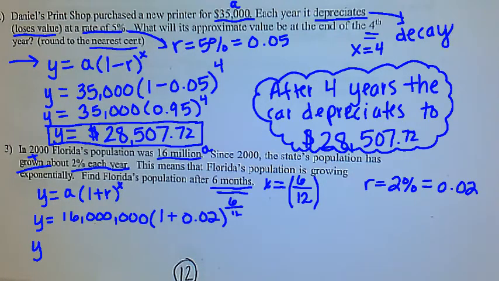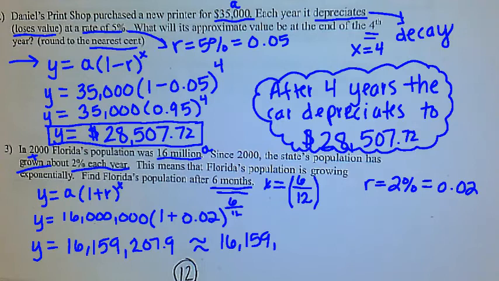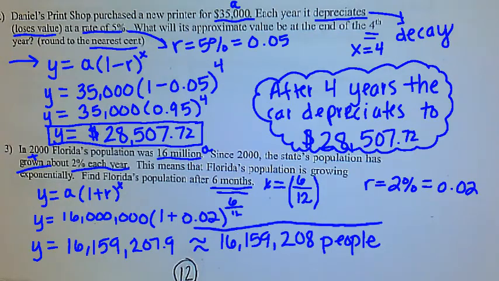Okay, so if you do this, you will get 16,159,207.9. So approximately 16,159,208 people. Okay, so after those 6 months, that's what we would have.